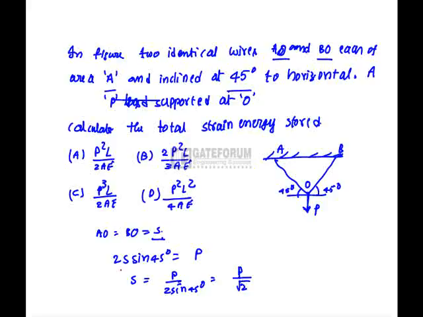Now we have to calculate the total strain energy stored.